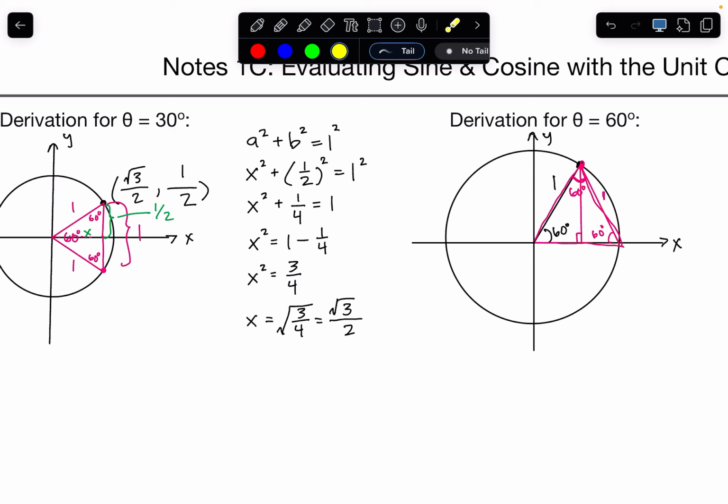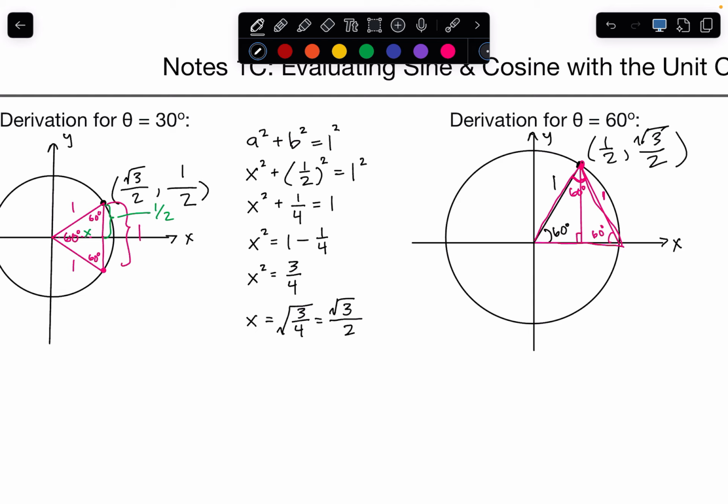Here, the long side is vertical, the short side is horizontal. So 30 and 60 degrees just have the role of x and y flipped. So even without doing any trig, I know that these coordinates should be the reverse of yesterday.